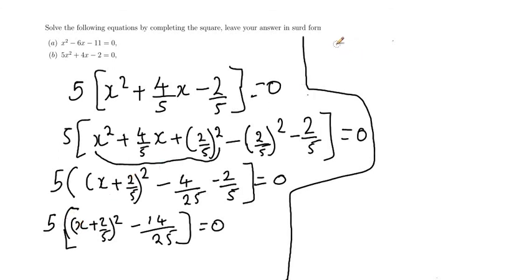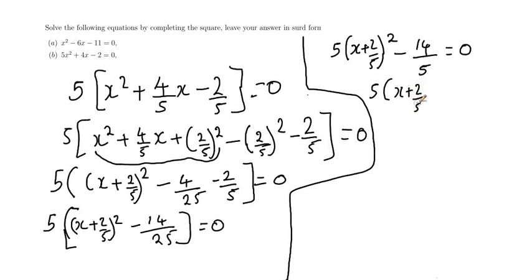So when we bring it back, it's going to look like this: 5 times x plus 2 over 5 squared, minus the 5 is going to cancel out with that, and you remain with the 5 there. So we have minus 14 over 5 is equal to 0. Next we can say 5 times x plus 2 over 5 squared is equal to 14 over 5.